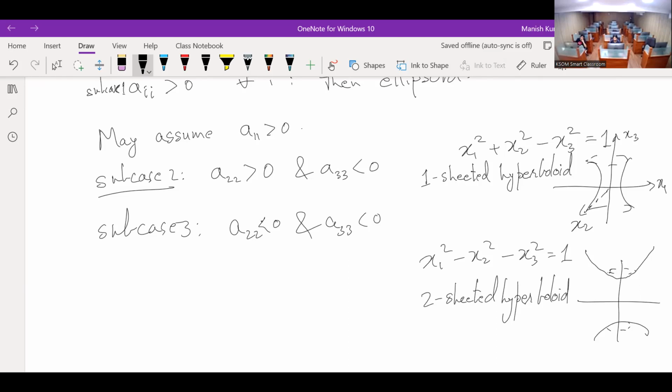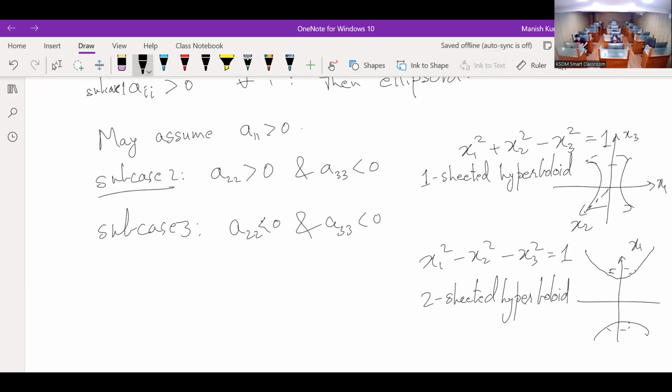And again, if you look at cross sections, it will be okay. The x1 axis is this one. If you fix an x1 value large enough in absolute value, very negative or very positive, then the cross sections are circles.